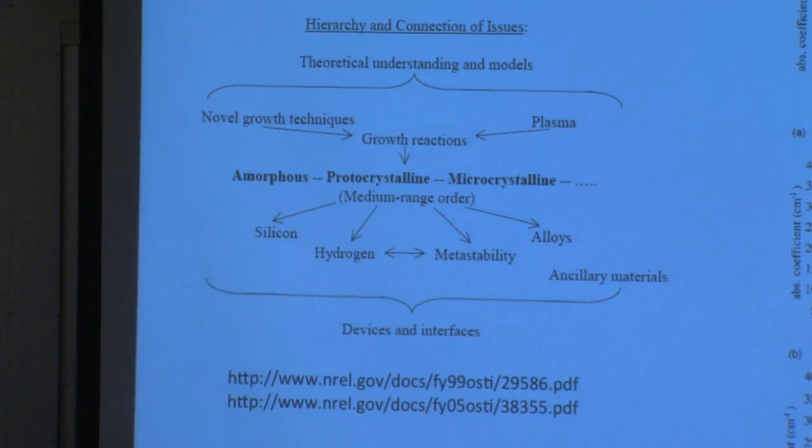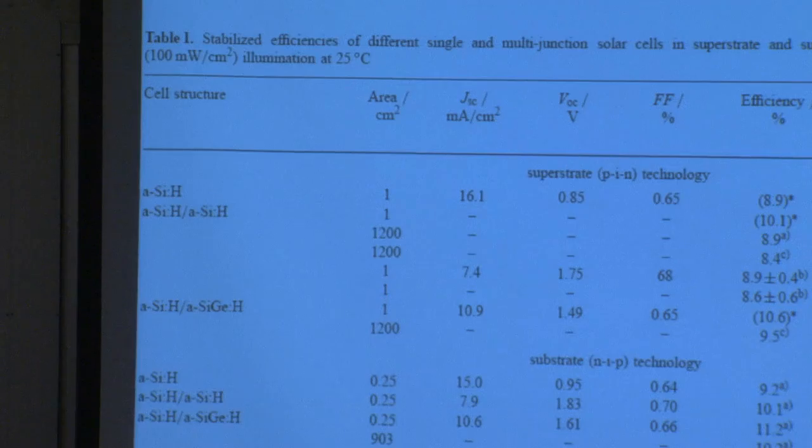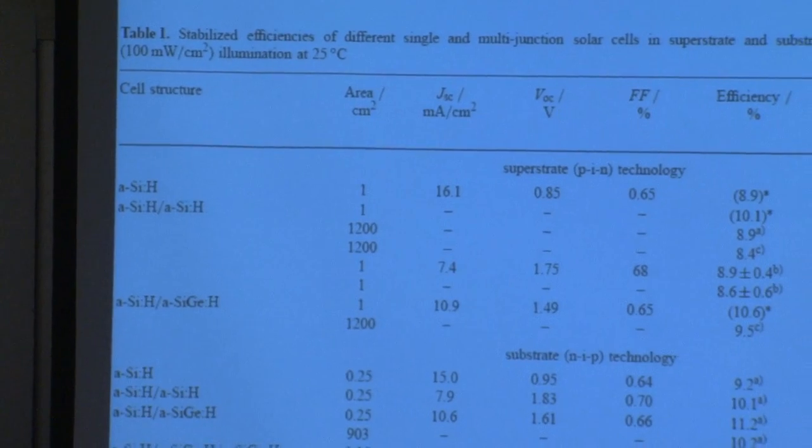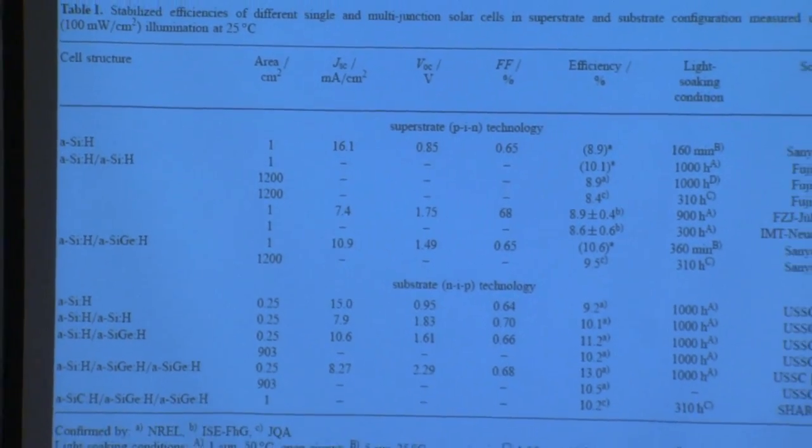And if you're interested in more details, these NREL reports from the late 1990s and early 2000s, mid-2000s, are really a treasure trove of information if you really want to get up to speed quickly on how to grow high-quality amorphous silicon layers.